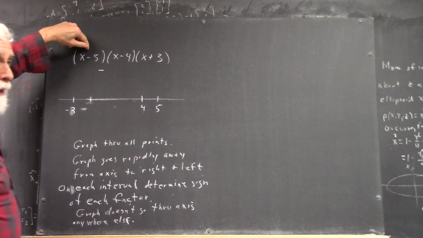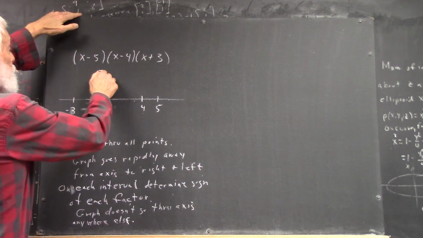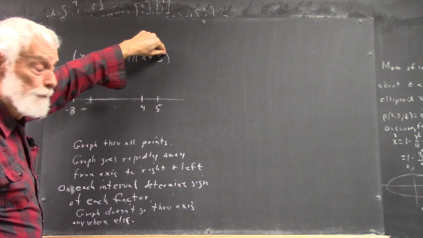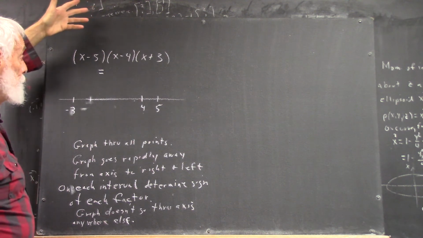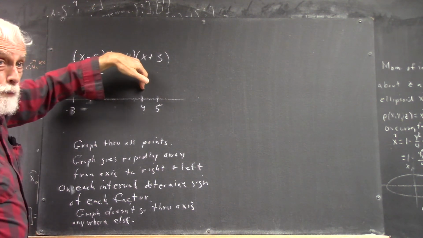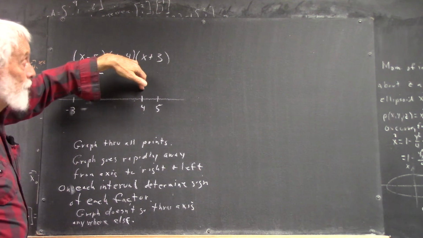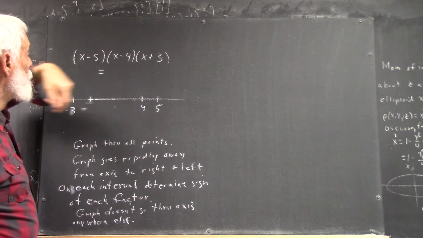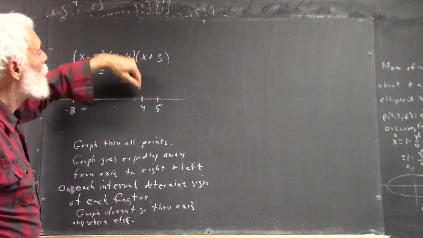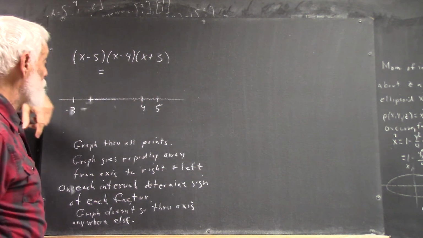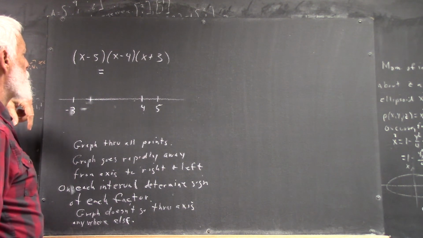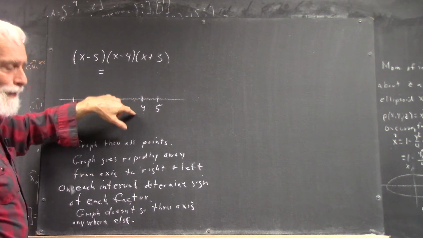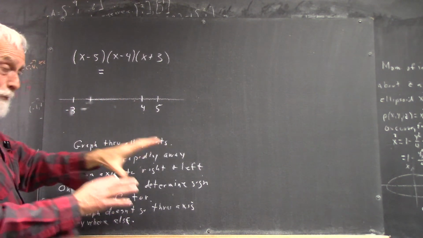So again, x minus 5 is negative, x minus 4 is negative, x plus 3 is what? Between -3 and 4, what is x plus 3? Well, you could say, okay, you can pick a number between -3 and 4. I'm sorry, between 4 and 5. We're looking at the interval from 4 to 5, right? No, we aren't. We're on the interval from -3 to 4. That's what I get when I digress. So back again.